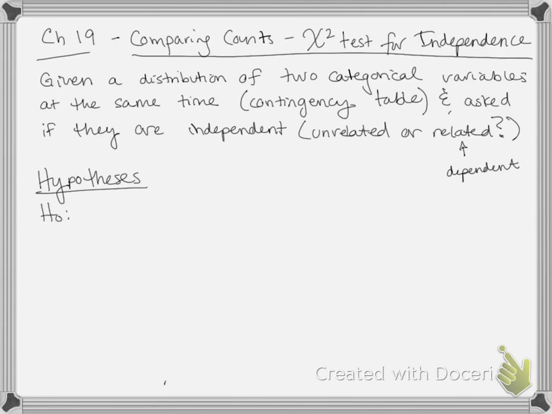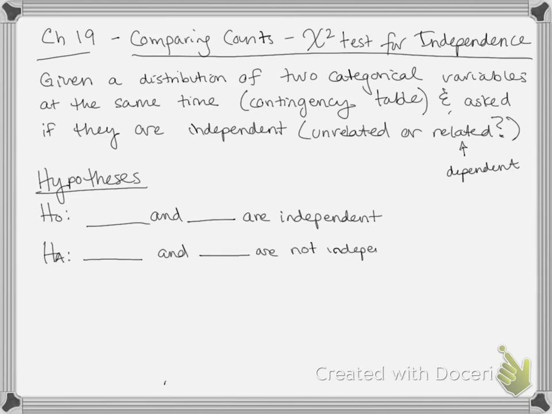Remember that these are in words for chi-squared tests. So we literally go with like blank and blank are independent. You're going to love this. The alternative is blank and blank are not independent.